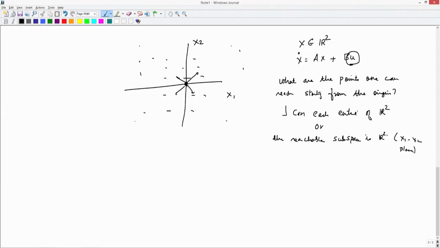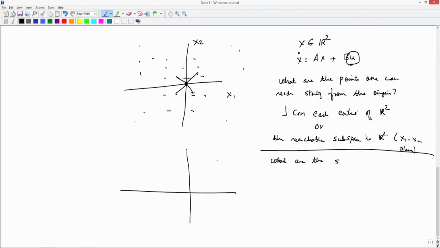Okay. Similarly, I can also say, well, starting from any other points, what is the set of initial conditions that can steer the system to the origin?